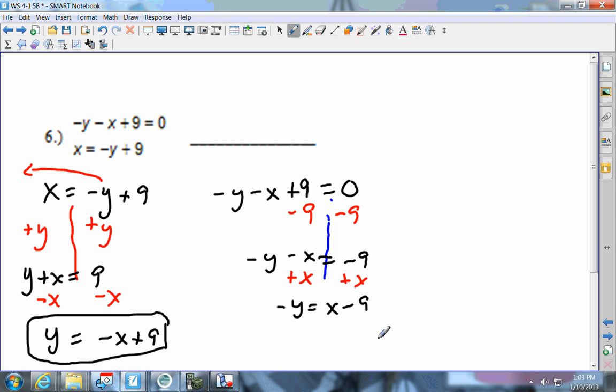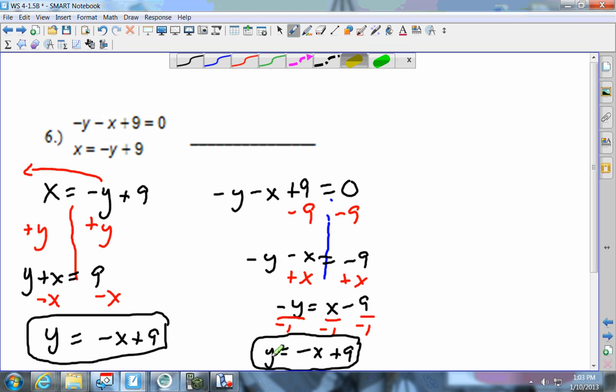I'm still not done. I need to divide everything by negative 1. I get y equals negative x plus 9. What do you notice about these two equations? They're exactly the same, right? If they're exactly the same, there are many solutions, okay?